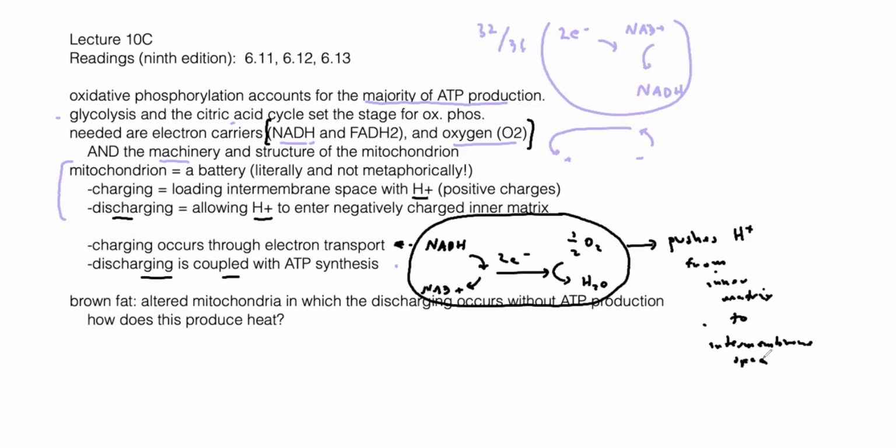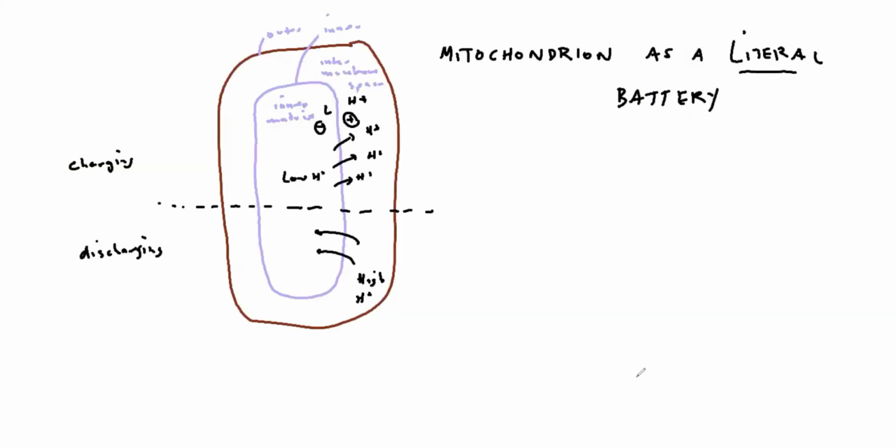Okay. So let's go back to our battery concept. The two things we need to account for is electron transport, right? And these are the molecules we saw in that scary diagram, the molecules of the electron transport system.